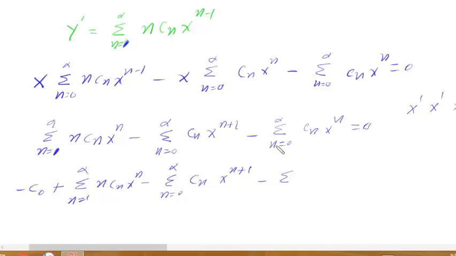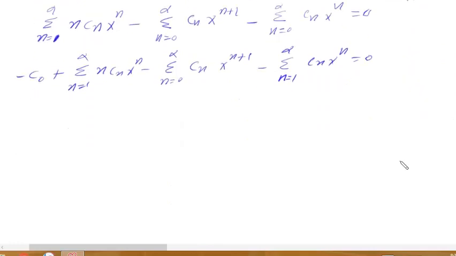Here we expand one term, so it will start from n = 1 to infinity of c_n x^n, equal to 0. Then from comparison of both sides, c_0 is equal to 0.